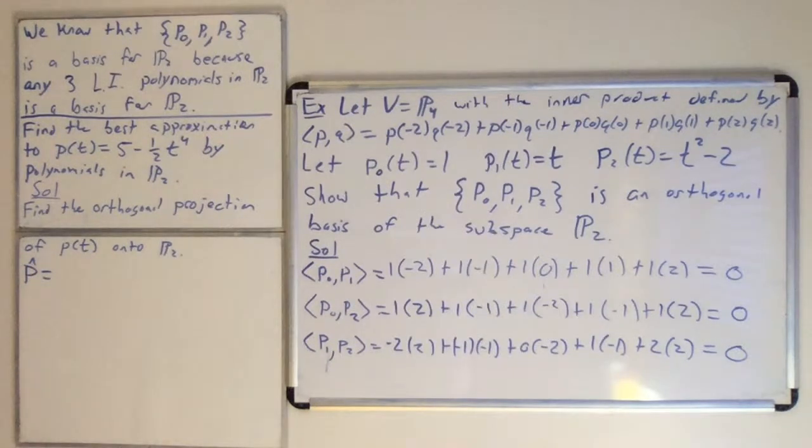And the way we get the orthogonal projection is exactly the same as how we did it with column vectors.